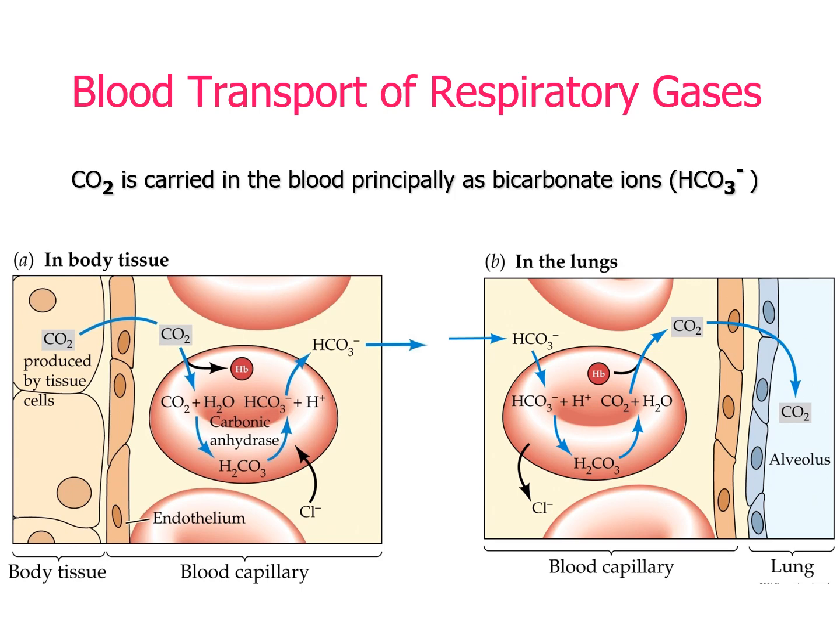CO2. CO2, of course, is carried away from tissues, body cells, where it's produced as a result of metabolism, oxidation of carbohydrates for the purpose of generating energy. So CO2 is a byproduct of that process.